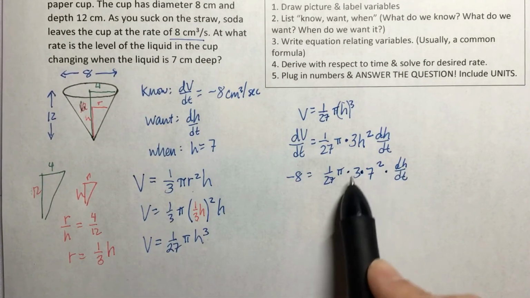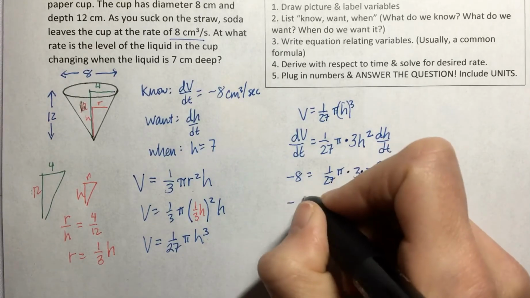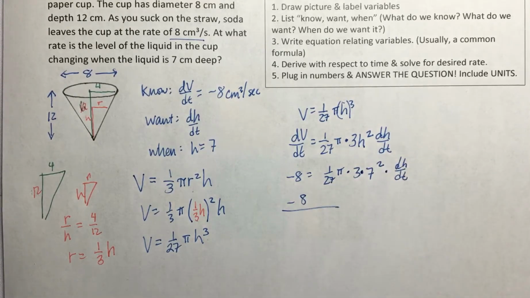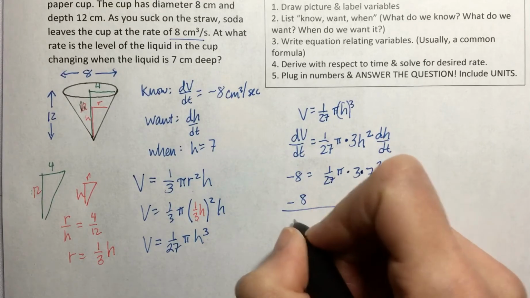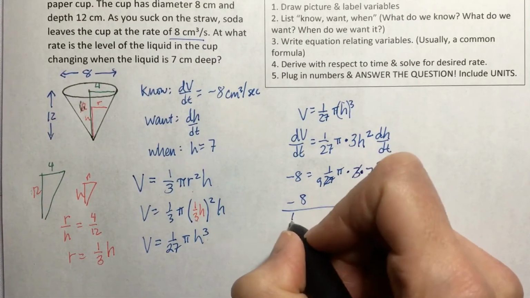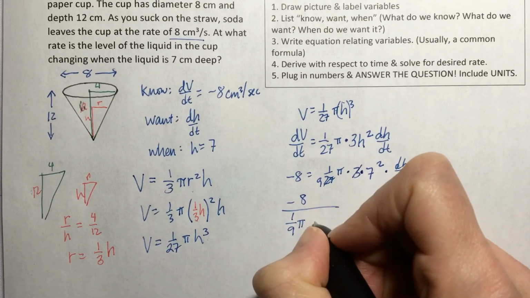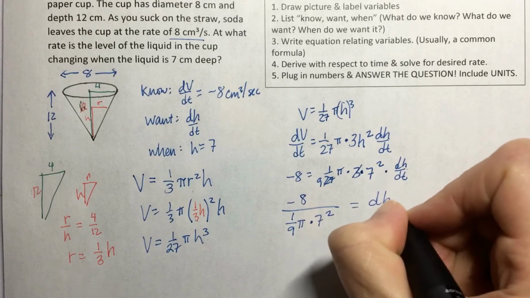I could have cleaned this up first, the 3 and this 27, but it really doesn't matter that much. So -8 divided by all of this stuff multiplying dh/dt. Gosh, that's ugly. I will go ahead and do that little cleanup. So I have 1/9 pi times 7 squared, all of that in my denominator, is my dh/dt.